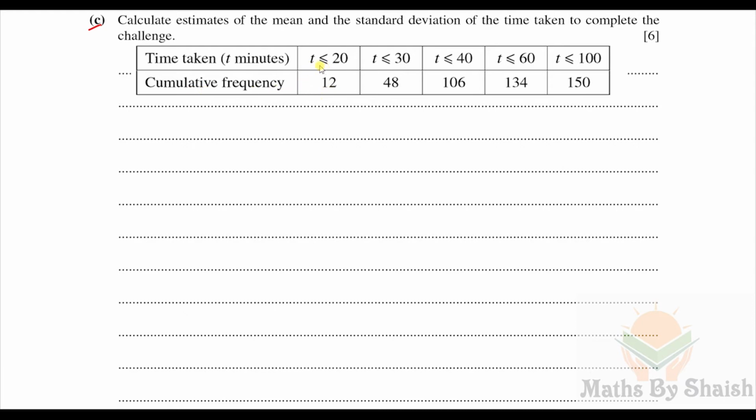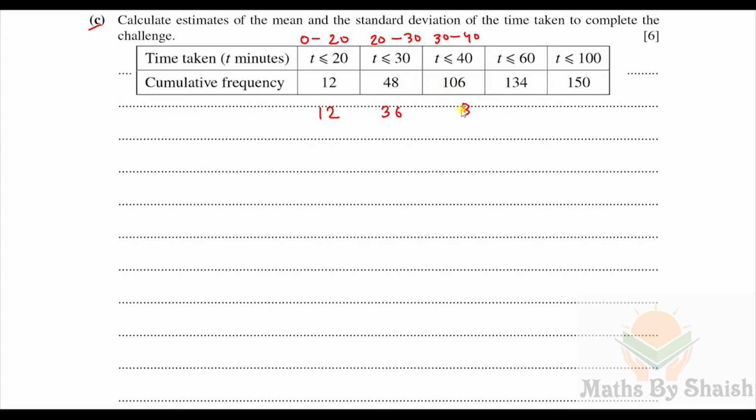So it's like 0 to 20, it is 12, and then 20 to 30 it is going to be 48 minus 12, so 36, and then 30 to 40, this range 106 minus 48, that is 58 now.